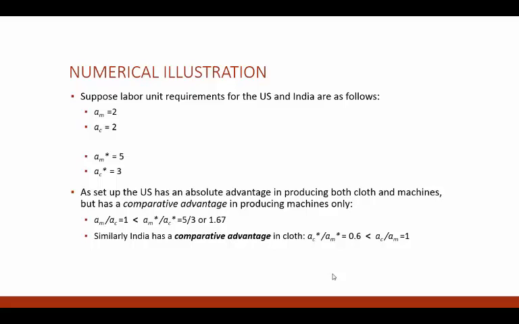With these magnitudes, the US clearly has an absolute advantage in producing machines and cloth, but a comparative advantage only in machines, as AM divided by AC is 1, but AM star divided by AC star is 1.67. And India has a comparative advantage in producing cloth, as AC star over AM star is 0.6 and AC over AM is 1.